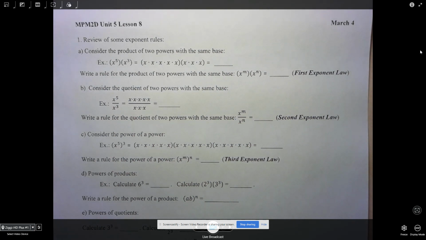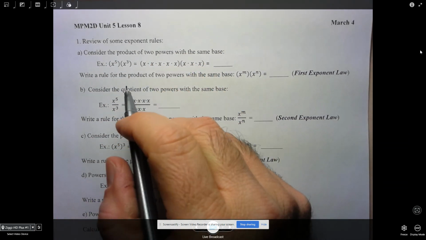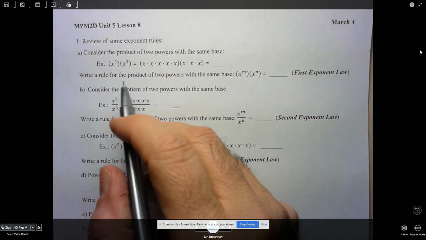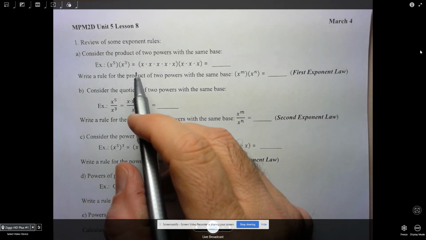Okay, so we're back. So let's take a look here at things that hopefully looked very familiar. It says consider the product of two powers with the same base. And while this is not a proof, it just demonstrates what the property is.